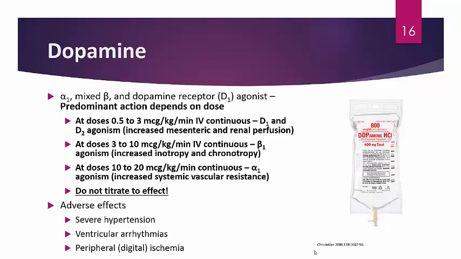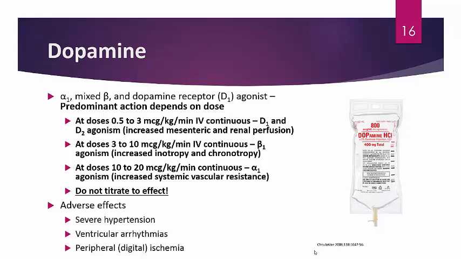So at lower doses, you predominantly get a dopaminergic agonism effect, at doses of 0.5 to 3 mcg/kg/min. And this results in increased mesenteric and renal perfusion. This is what some clinicians will call renal dose dopamine.